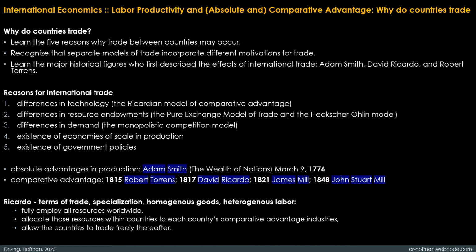Labor is homogeneous within a country, but heterogeneous, non-identical, across countries. Goods can be transported costlessly between countries. Labor can be reallocated costlessly between industries within a country but can't move between countries. Labor is always fully employed.